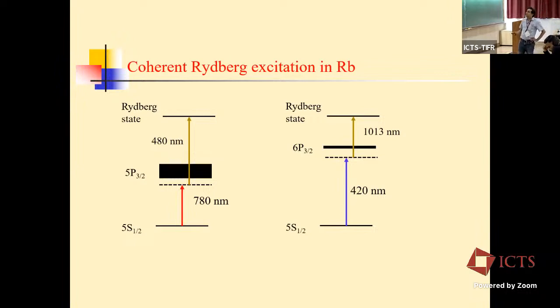If the line width of the intermediate state is broad, it gives incoherence. That was the motivation for us. We have procured this 420 nanometer laser diode, and we are building the 1013 nanometer laser ourselves, and it is taking time.